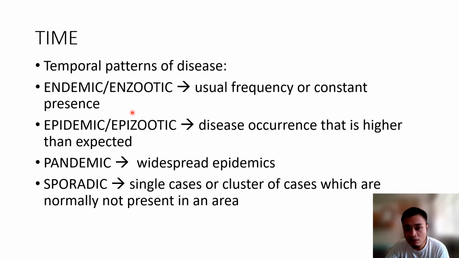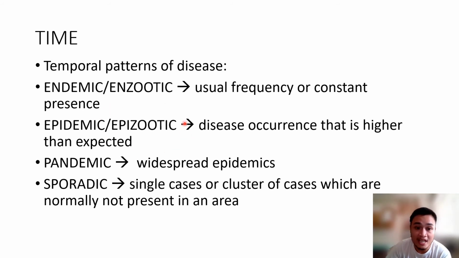Now, in contrast, we have epidemics. So these are diseases whose occurrence is higher than expected. So for example, the AI outbreak that occurred in Tacurong City, we do not expect that AI will occur in Tacurong City because it's not endemic there. So that is an epizootic.